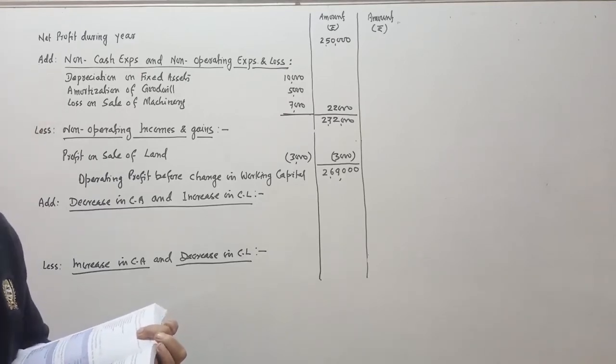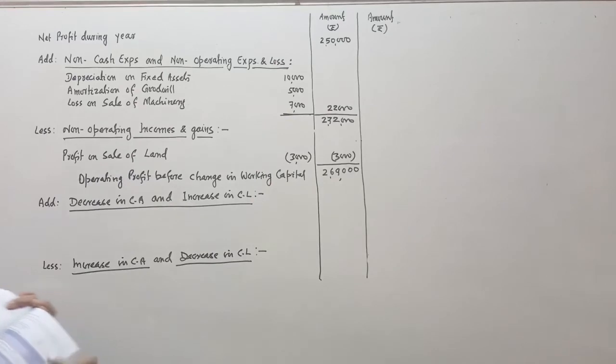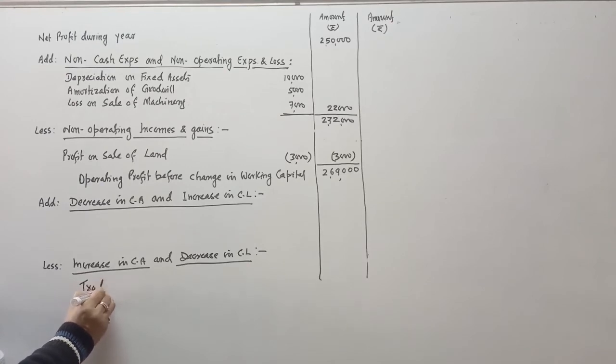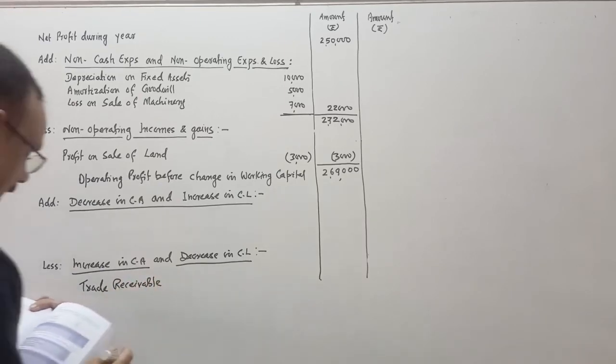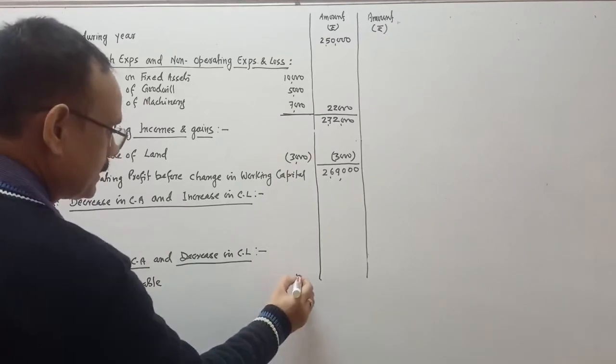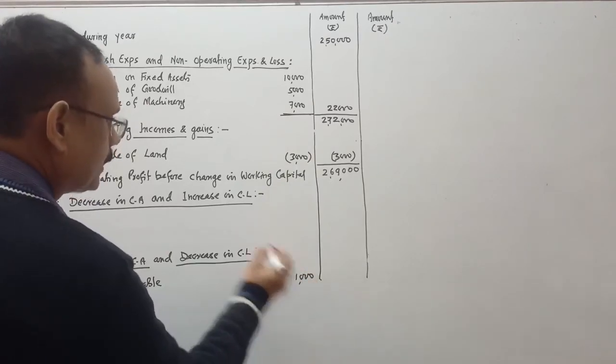So it is an increase in current assets, which we will deduct. Trade receivable is increased by 1,000.